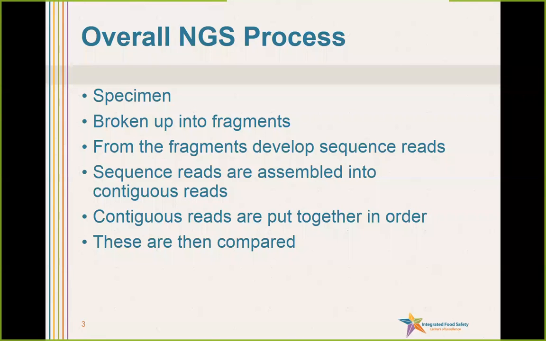The sequence reads are then assembled into contiguous reads, and contiguous reads can then be put together in order. Technically, all put together, it's called a scaffold. And finally, they're compared to other contiguous reads that are of known etiologies, or sometimes just to see if they are the same or different without knowing the etiology.